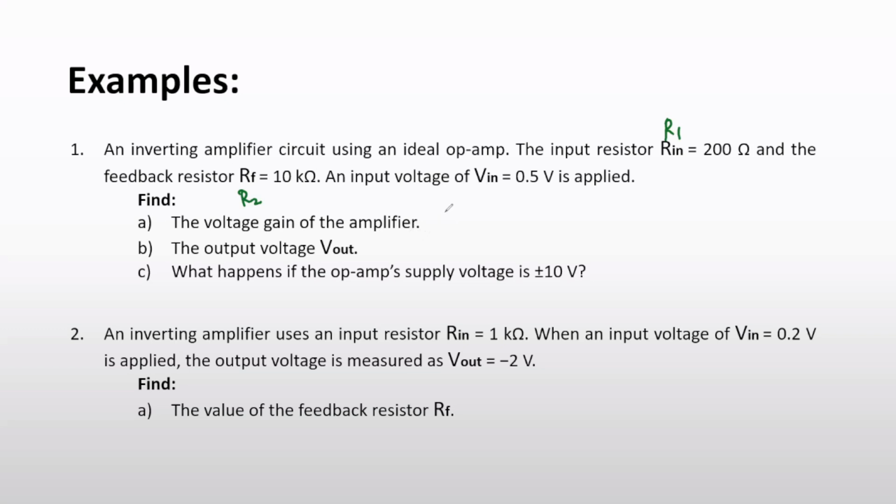The answer is minus 50. So the gain you can get is minus RF over Rin. Therefore, it's minus 10,000 over 200. So the answer is minus 50.